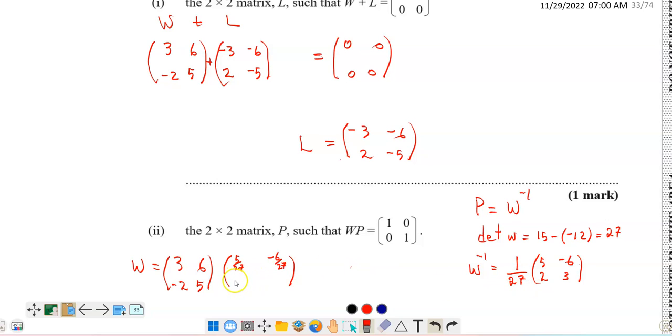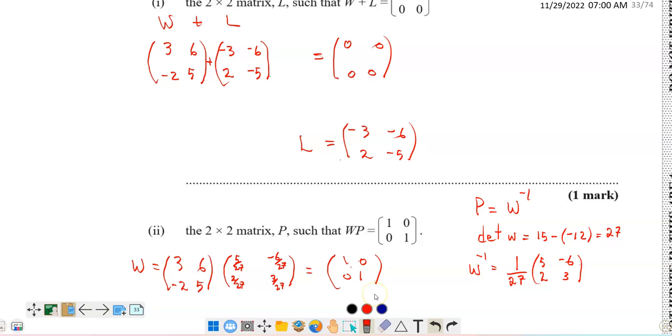And that's going to be 2 over 27. And that one is 3 over 27. And when you multiply these two here, you should get the identity matrix, which is 1, 0, 0, 1.